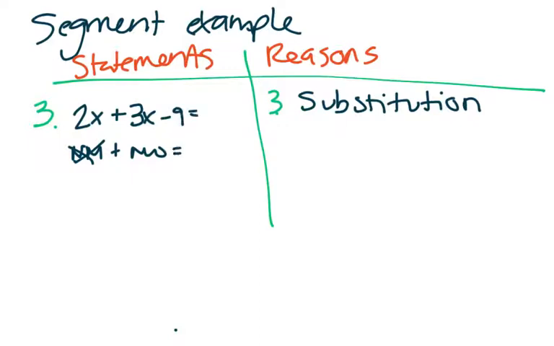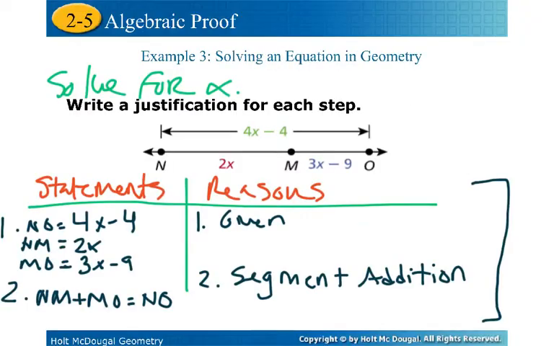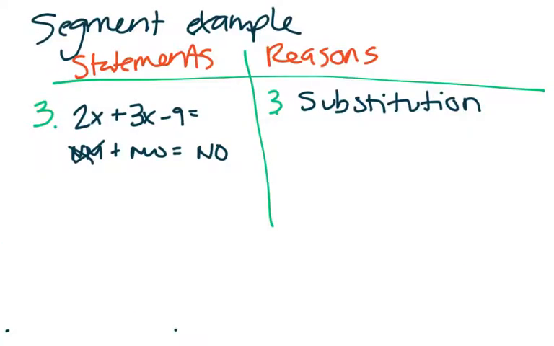And then we know that that equals NO, which in our diagram we've said NO is 4x minus 4. All right, and so again, I've replaced NM, replaced MO, and then also substituted NO as well. So all of those letters, or that geometry, has now all been replaced by algebra.